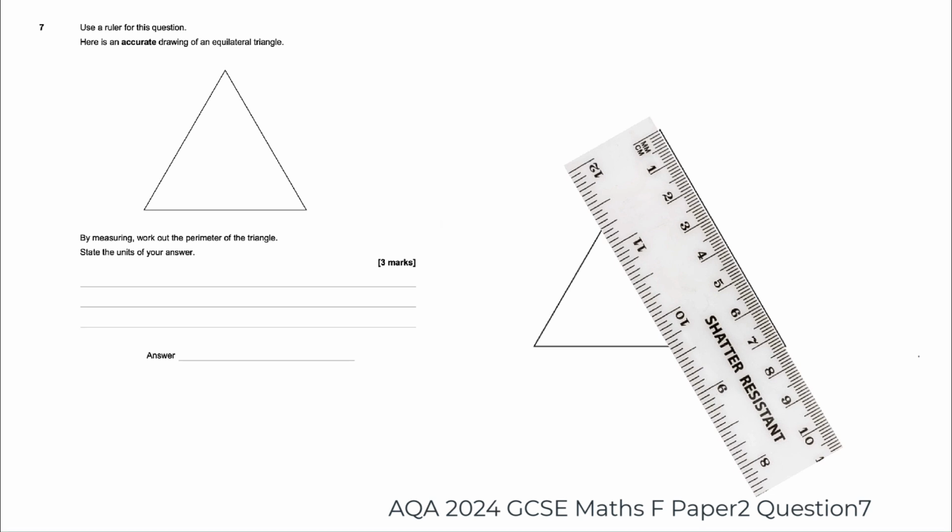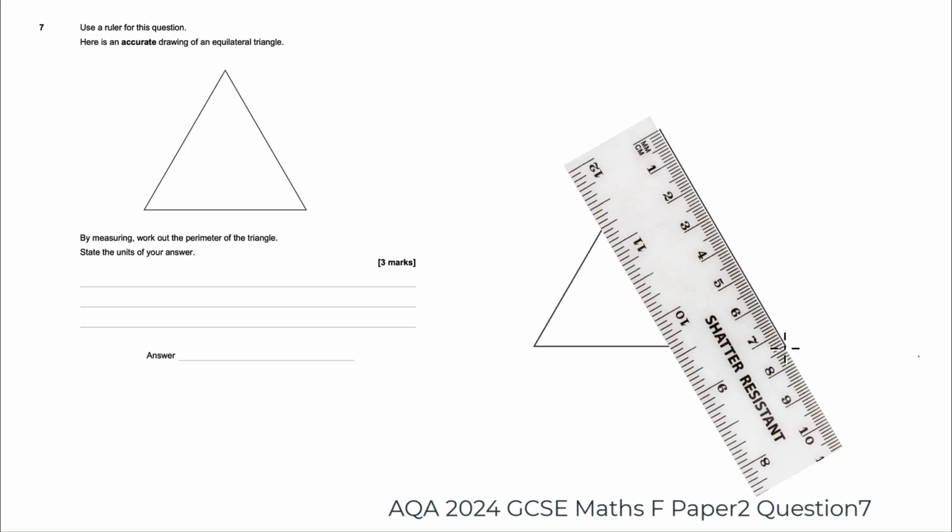Now we can go down and have a look at the end of this edge. This is measured in centimetres. There's 1, 2, 3, 4, 5, 6. That line, the big line there, is 7 centimetres. The smaller line is 7.5.